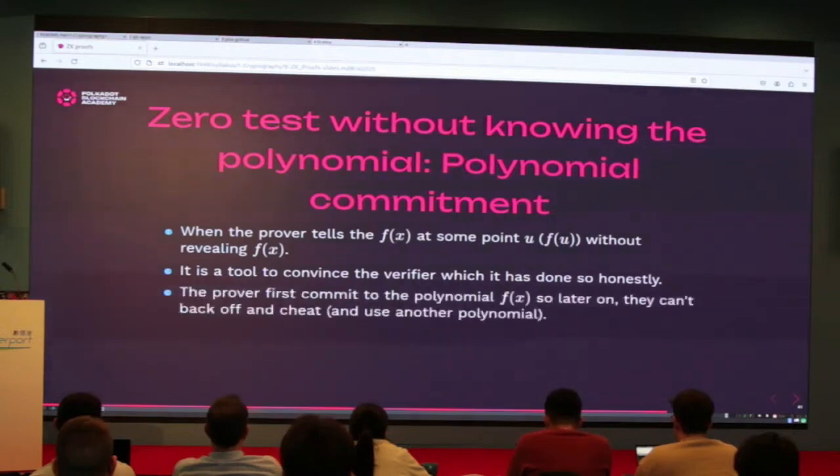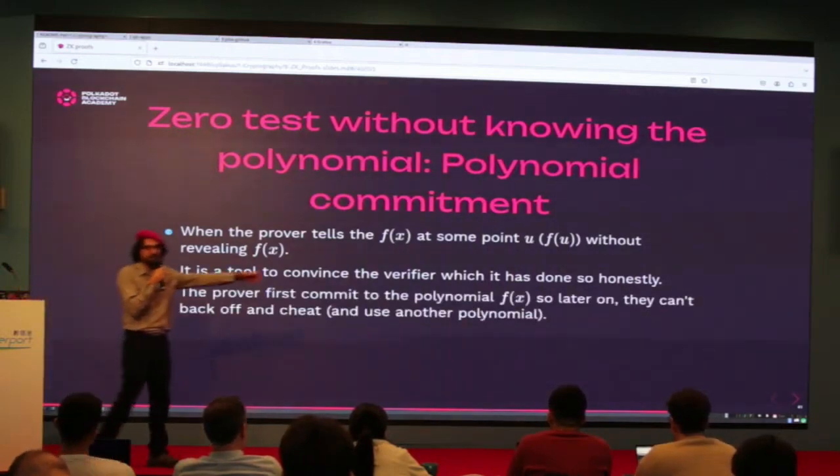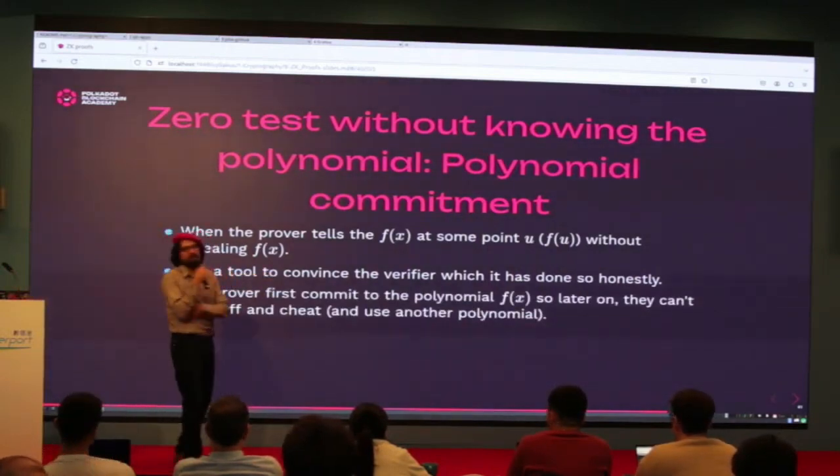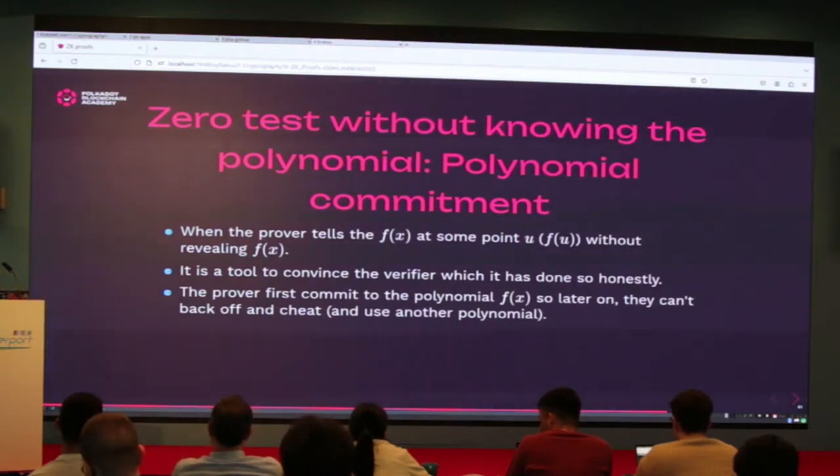So what will happen: I'm a prover, I say I found f(x) because I know R and S. This is the trace polynomial, I found it, and then I commit to it. I don't tell you what the polynomial is, but I give you a number that binds me to that polynomial.